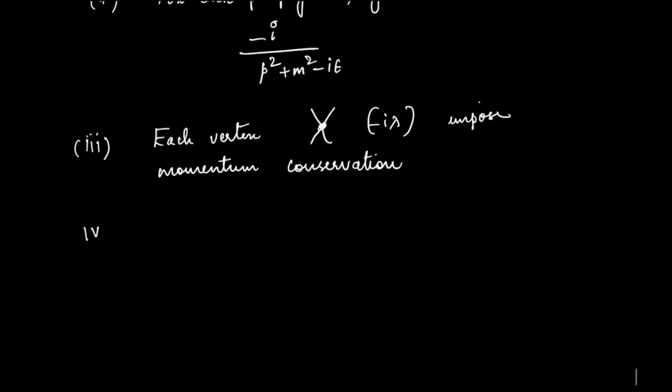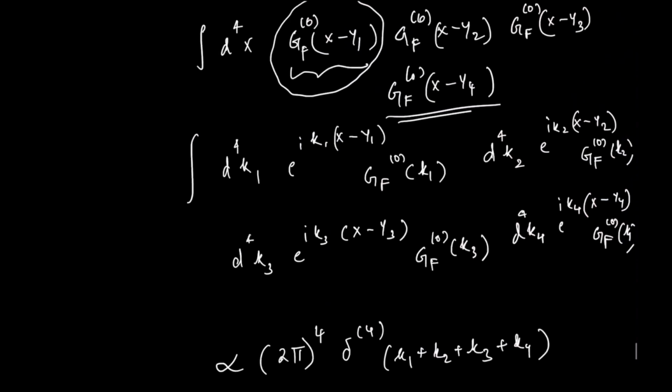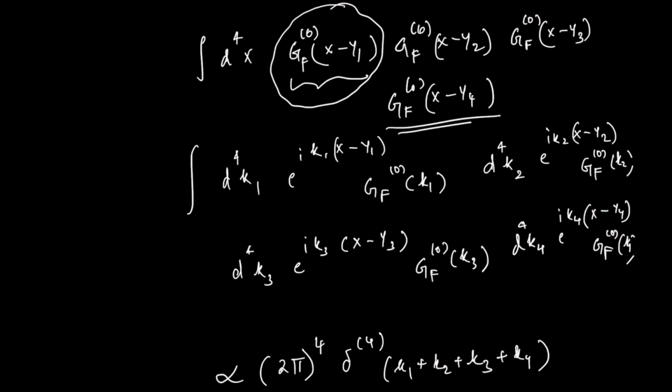While doing the Fourier transform, each propagator will have a momentum integration because each one of them has a momentum. If you did not understand this point, just see this expression.